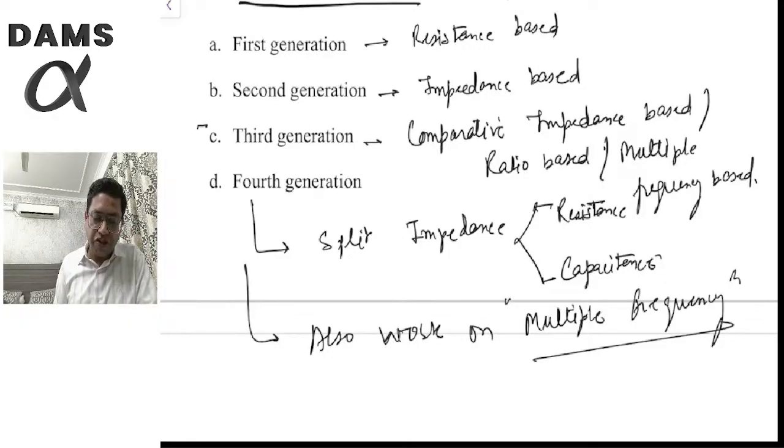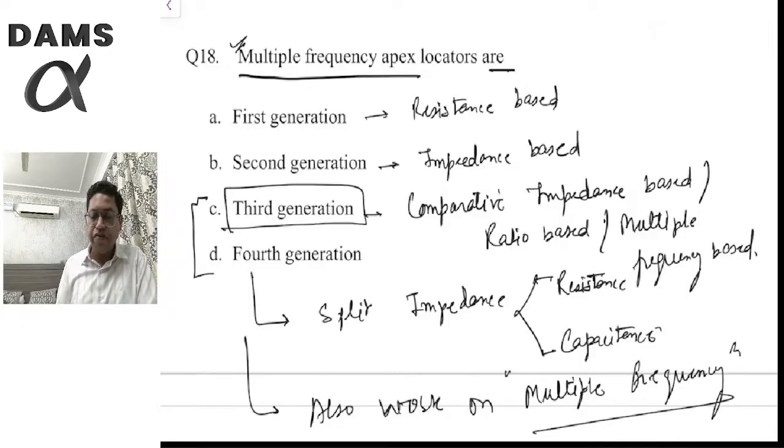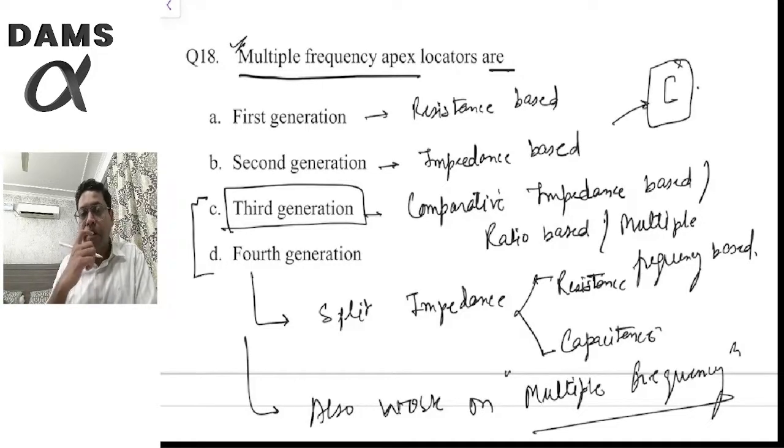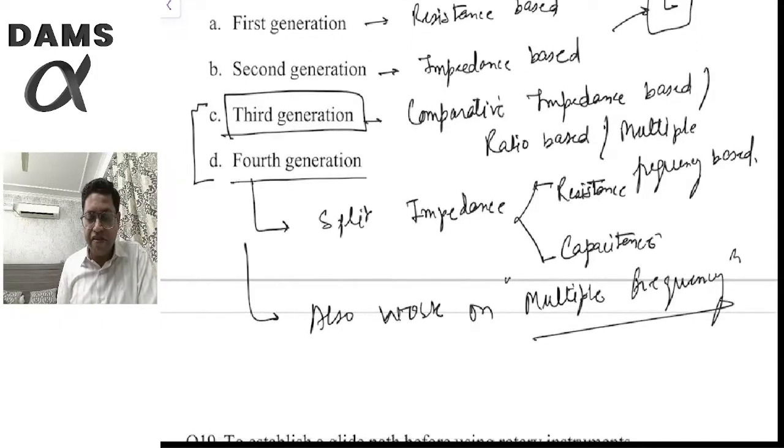So you are left with options C and D. The question is asking which the multiple frequency apex locators are. Now what to choose? If you have options like this, third generation would be the best possible answer, option C. Typically speaking, the multiple frequency apex locators are the third generation. If the same question is there, but third generation is not in the options, then the second best possible answer would be fourth generation.